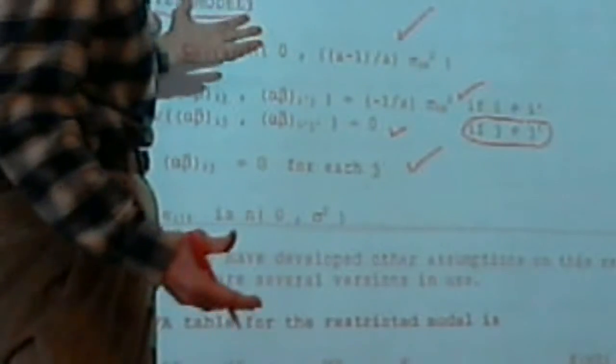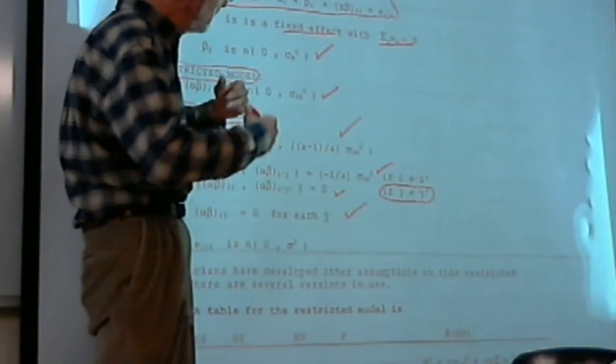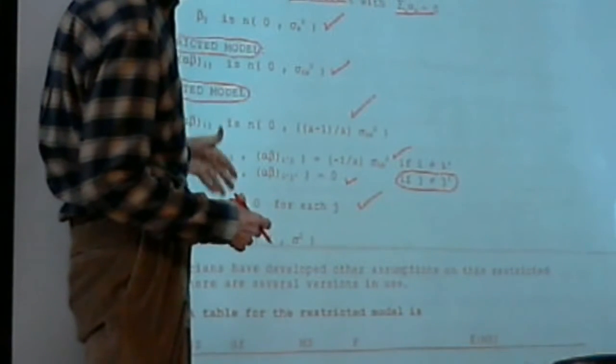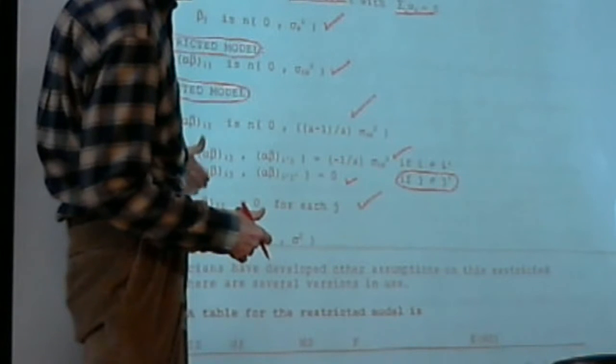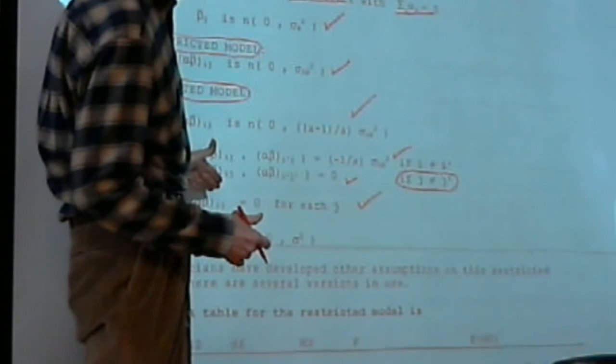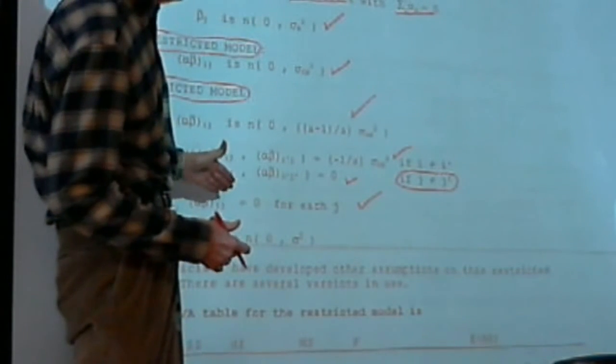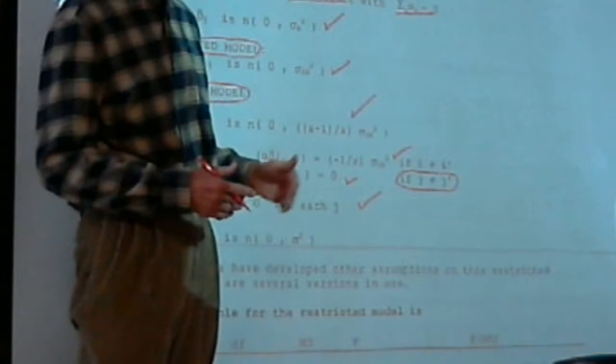Now, my comments about this: first of all, the unrestricted model is clean and crisp. Just assume that all the variables in the model, the random ones, are normally distributed and independent, and that's the unrestricted model. No restrictions on the random variables in the model. The restricted model, as you see, has numerous conditions floating around, and I would call these technical conditions that we're not going to have to deal with.